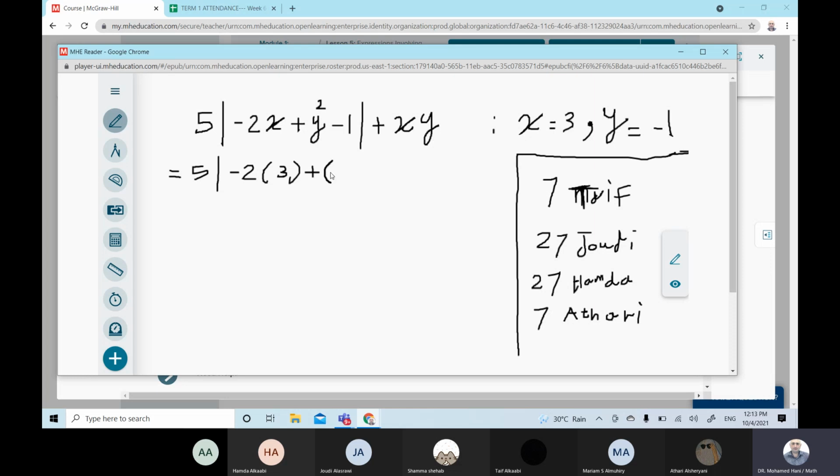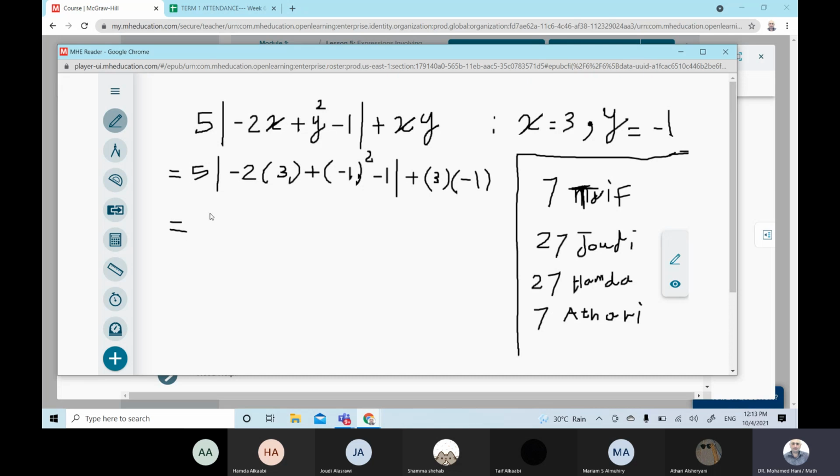What is the value of y? Minus 1. Minus 1 squared. Then minus 1. Then we have plus the value of x, which is 3, times the value of y, which is minus 1.